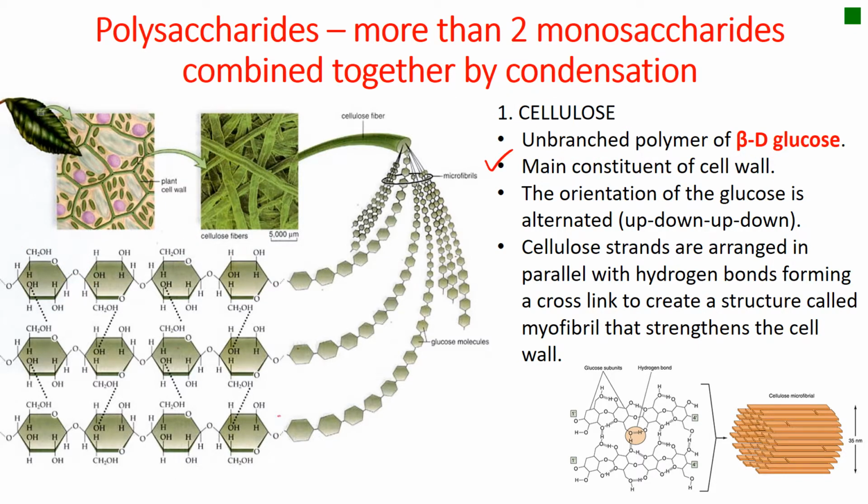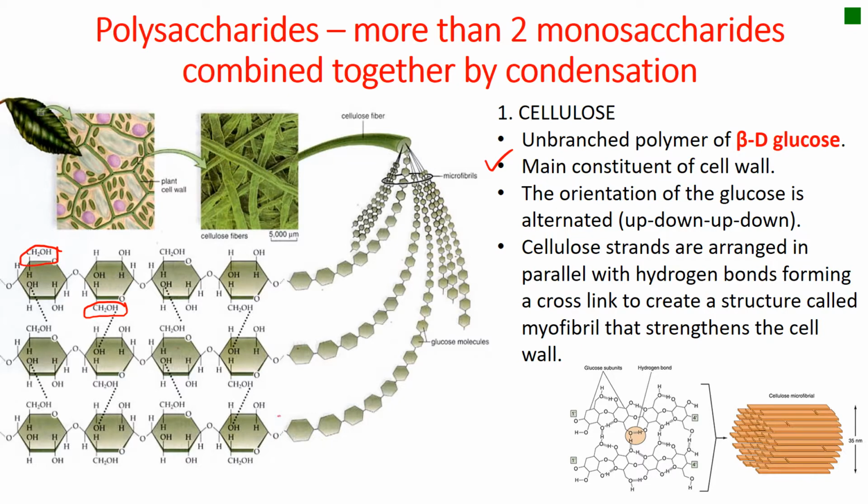The next one is the orientation of the glucose is alternated up and down, up and down. Now, here comes what makes it important, because later on in the class we can try, if it is not alternating, you can see the side chain is on the bottom and the other one is on the top and so on.